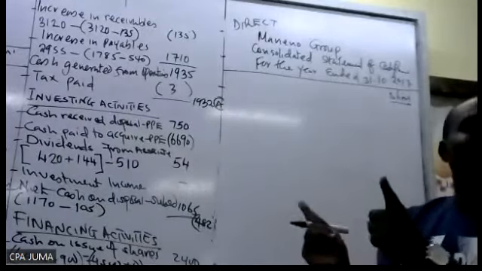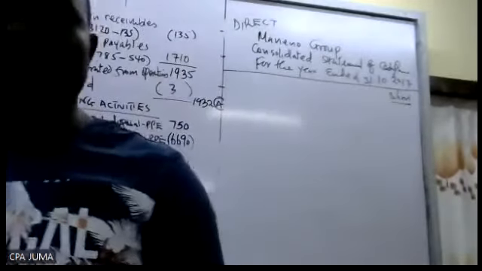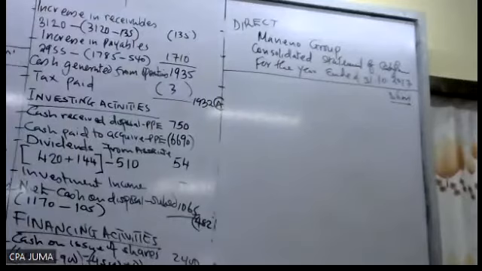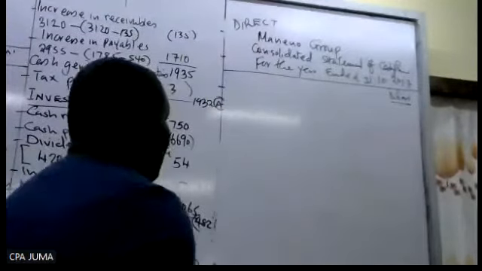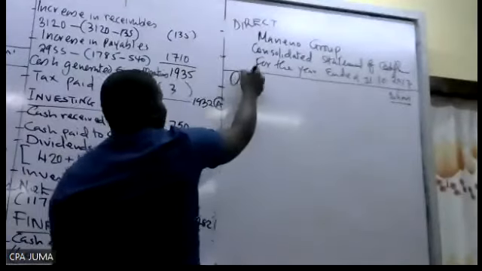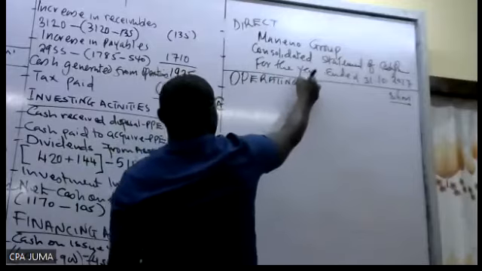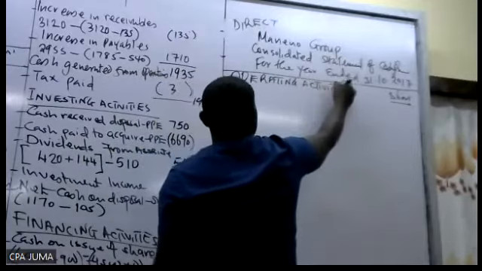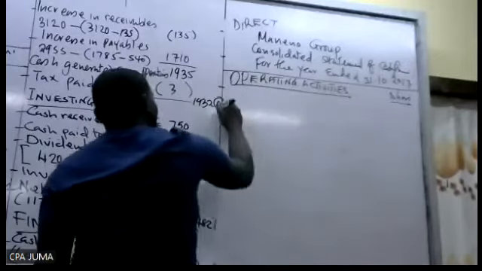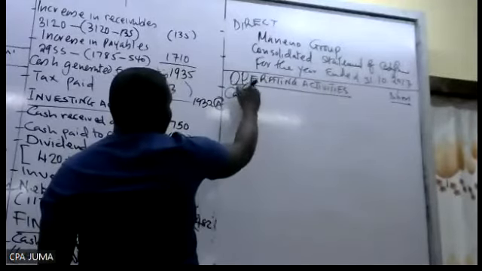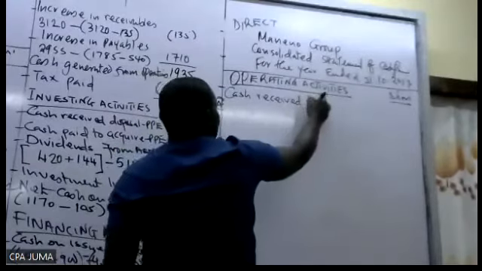So I'm only repeating operations. The rest are the same, whichever method you choose. So we are only doing operations only. So allow me to lay down the format, then we can fill in. So right now, operating activities. Cash received from who? Received from customers.